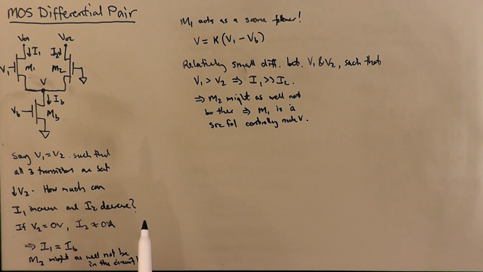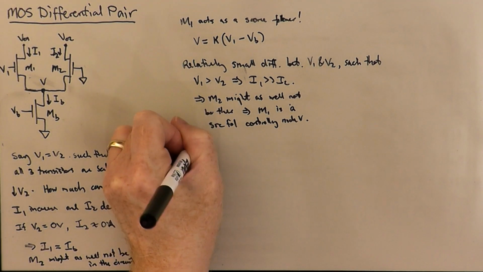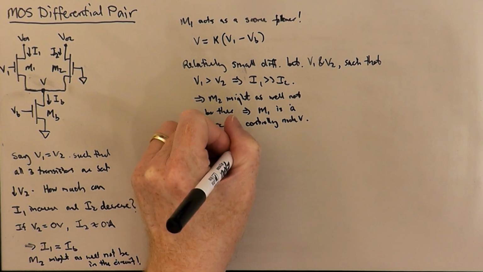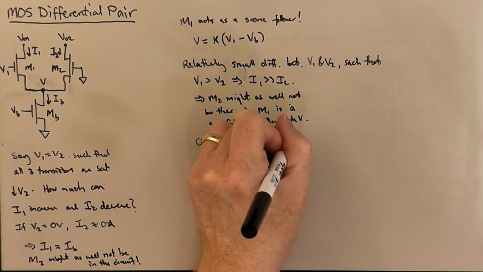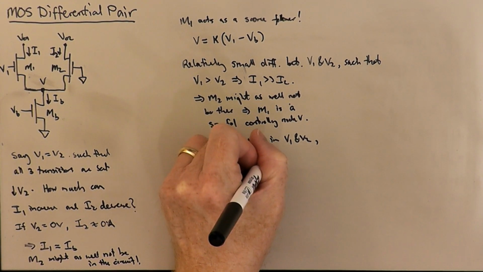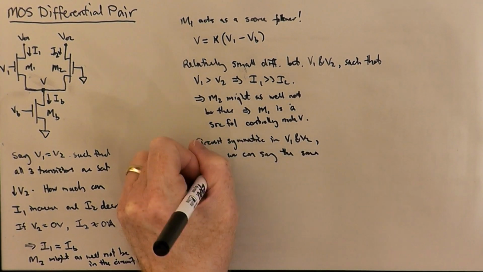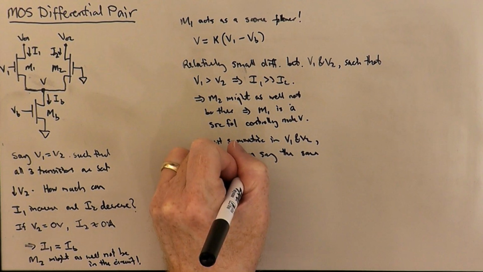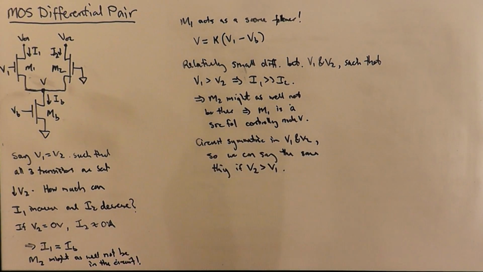The circuit is symmetric in V1 and V2, and so if we were to start decreasing V1 until it was at ground, so if we make V2 larger than V1 by even a relatively small amount, we steer pretty much all of the current to the I2 side, and I2 becomes IB, I1 becomes close to 0.